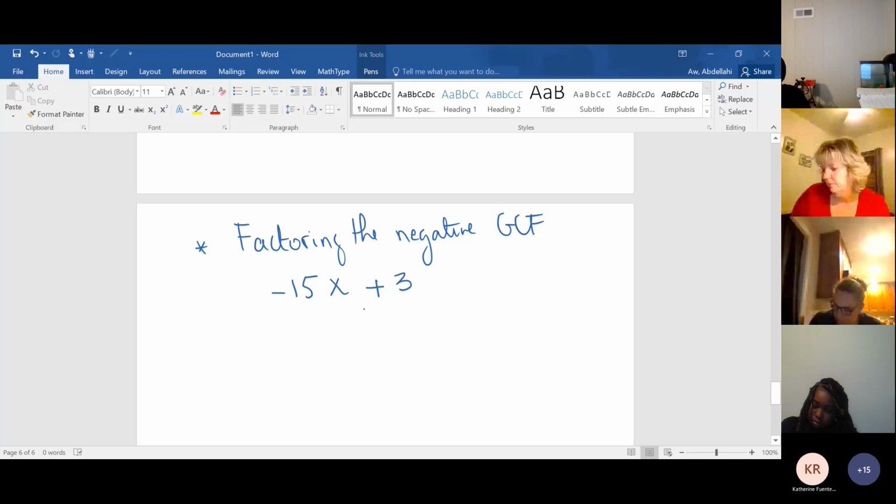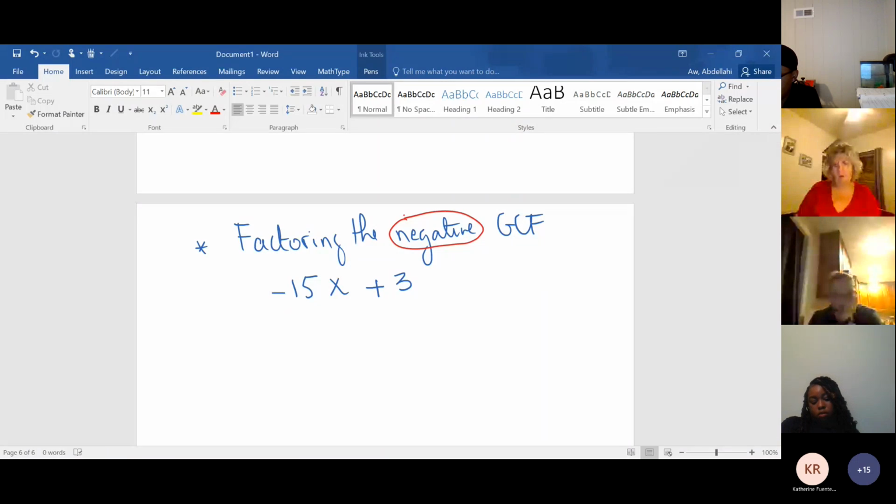Okay? So the GCF is what? 3. But because somebody asked me to factor the negative GCF, instead of factoring 3, I'm going to factor -3.